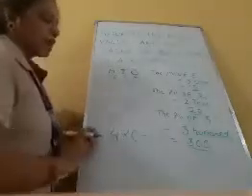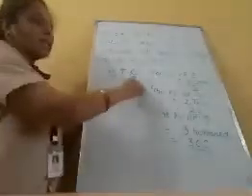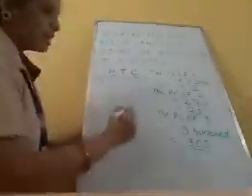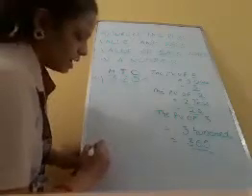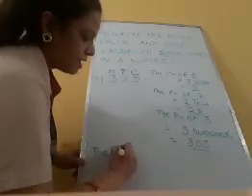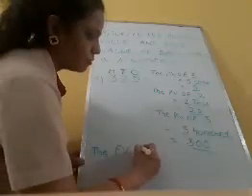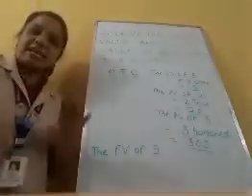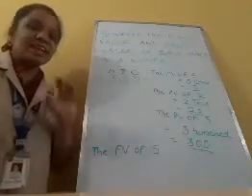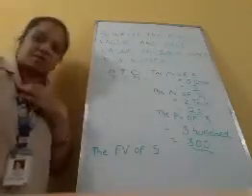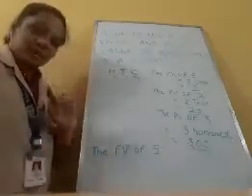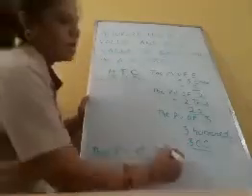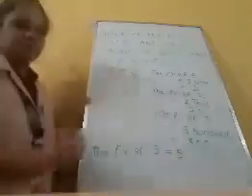Now you have to write the face value of these 3 digits. So let's start the next answer. The face value of 5. I told you face value means digit itself. It means my face is my face, your face is your face. So the face value of 5 is 5.